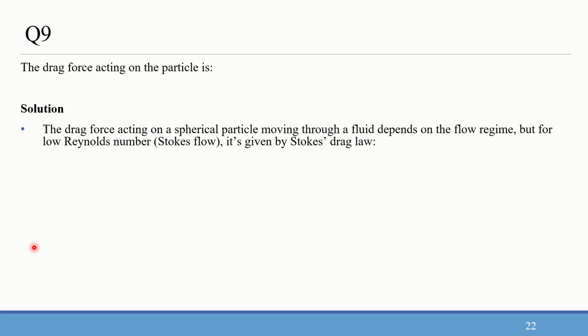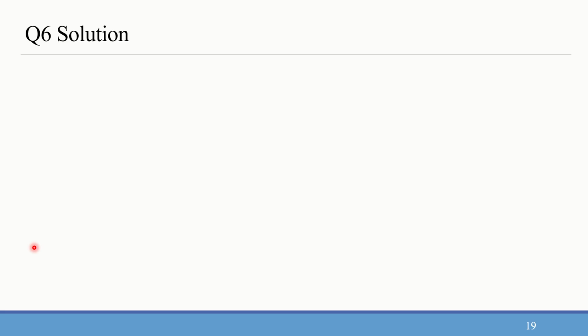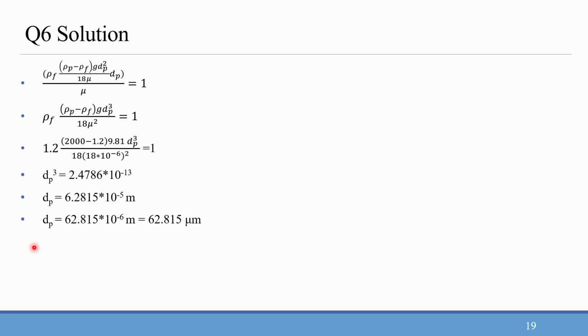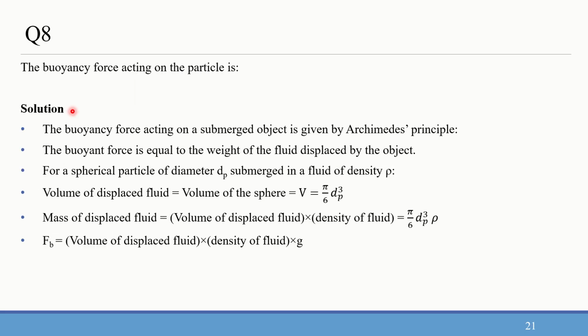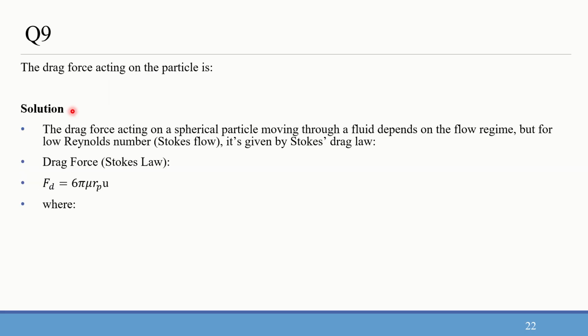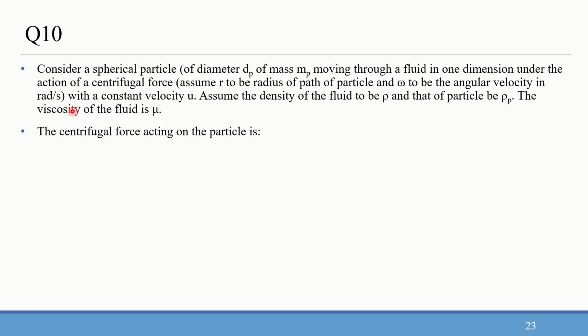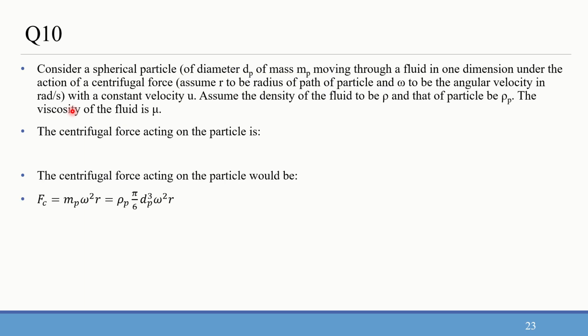Whereas in the previous question, if you remember, consider a spherical particle moving through a fluid in one dimension under the action of gravity. Whereas here it is under the action of centrifugal force. So that is the difference, but everything else is the same.